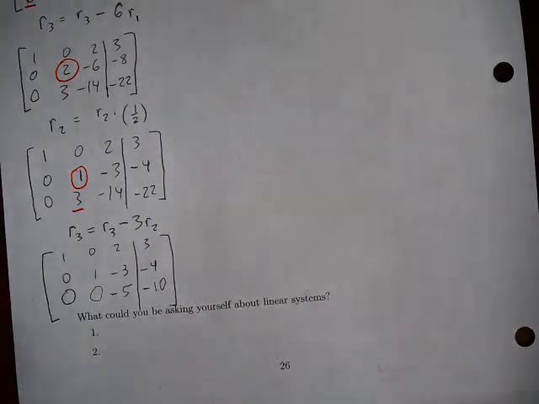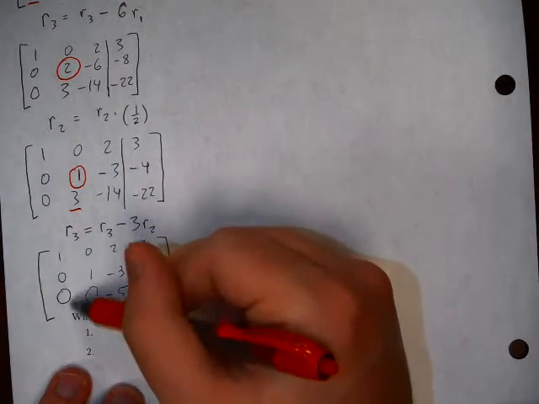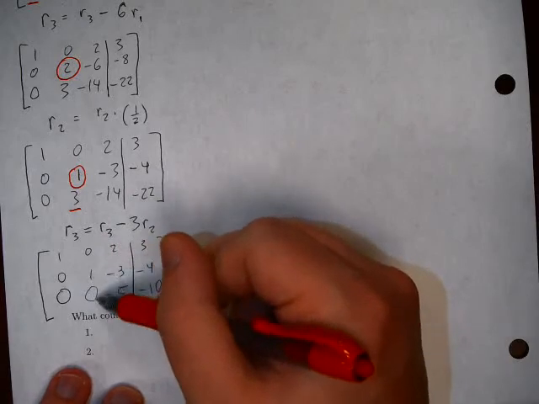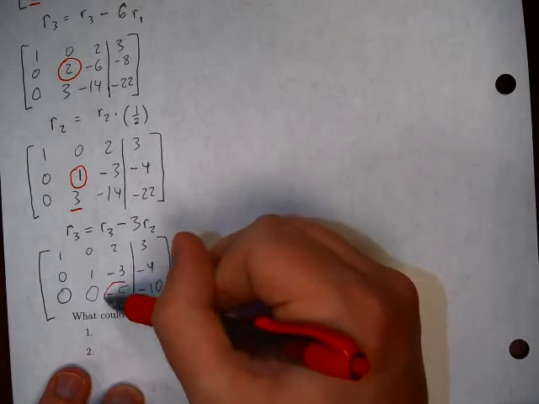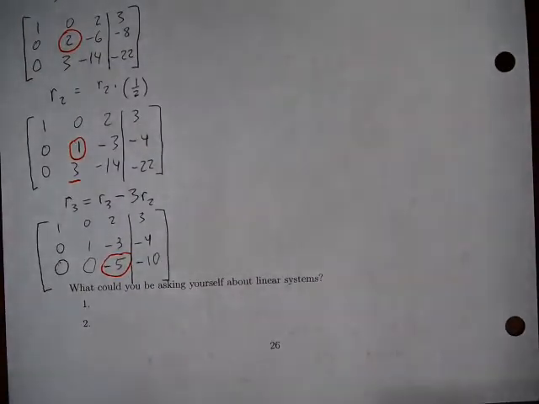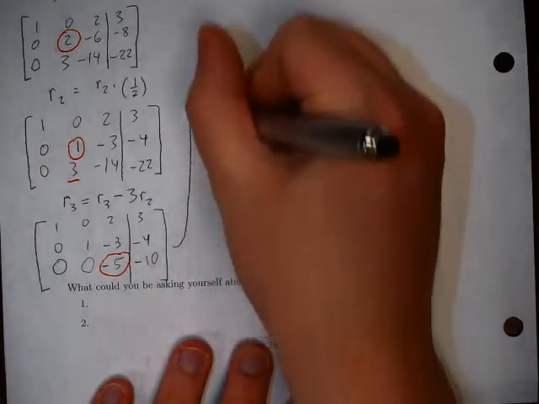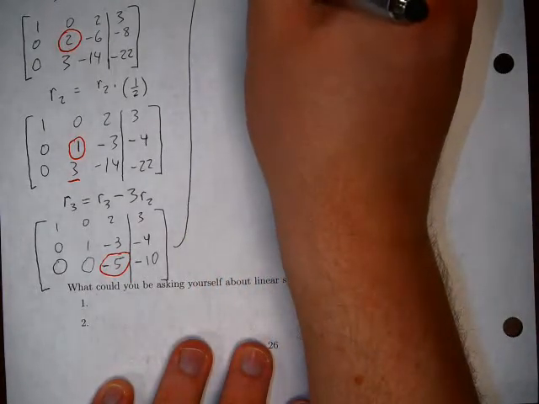Now we've got this one that has zeros below it. We have this one that has zeros below it. And now we want to take this entry and turn it into a 1, since it's the leading term. So let's go higher up on the page for the next step.